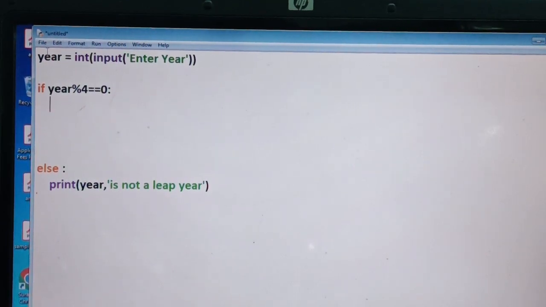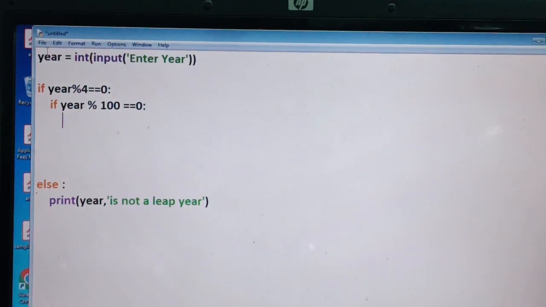To check that, we check whether the year is divisible by 100 or not, since a century year is a year divisible by 100. So if year modulus 100 is equal to 0. This condition checks whether the given year is a century year or not.